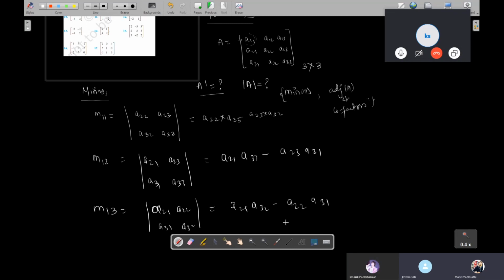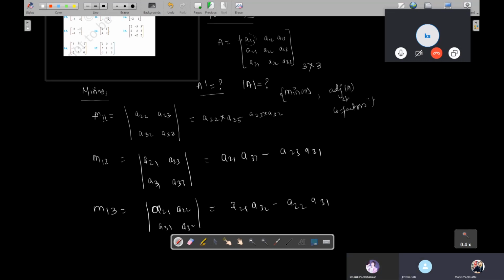I've written that. Now, if you observe, I can immediately write the determinant format without even seeing the matrix. Observe it carefully. For M11, you are talking about row 1, column 1. That means I need to write the remaining rows, 2 and 3, and remaining columns. After 1 comes 2 and 3.